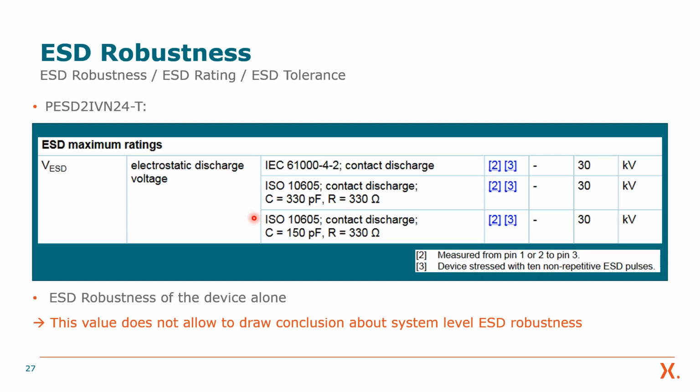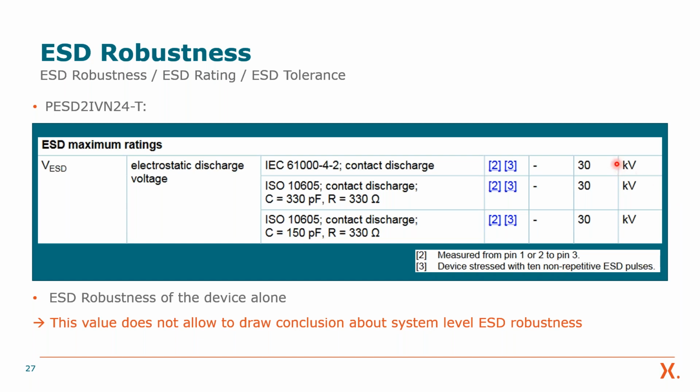One thing that is very important to understand is that the device robustness itself does not correlate with the system level robustness. Yeah, so the device itself has to be as robust as your requirements are, that's for sure. But you don't have to have an extremely robust device.